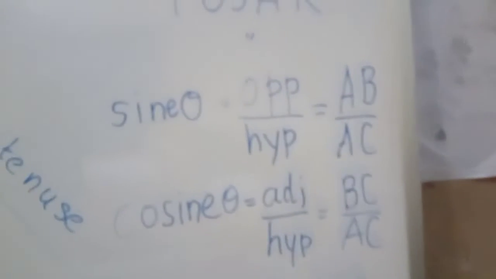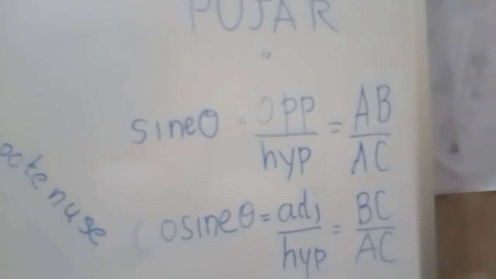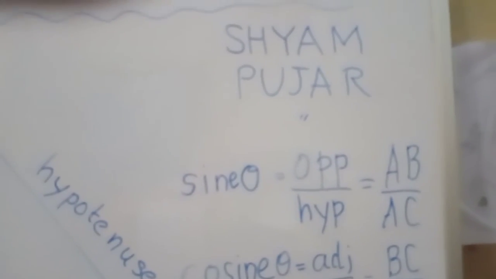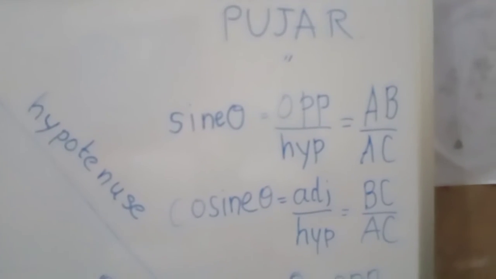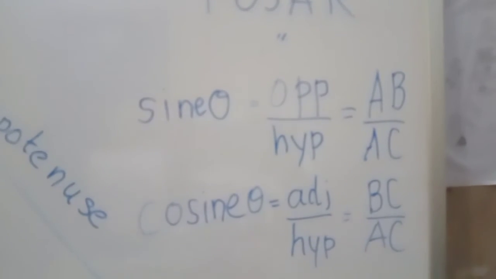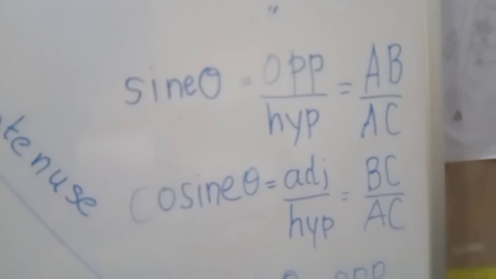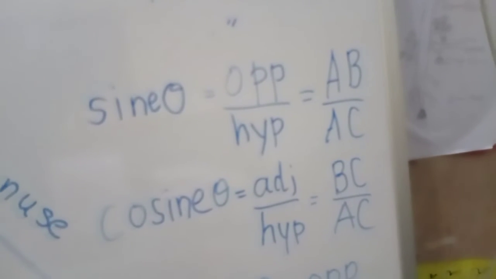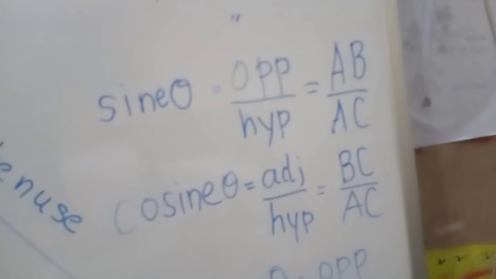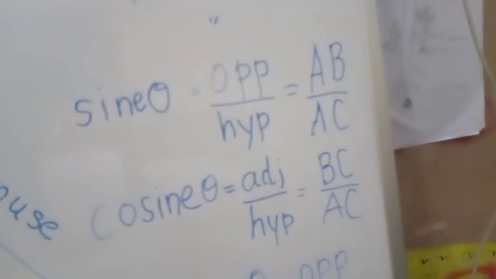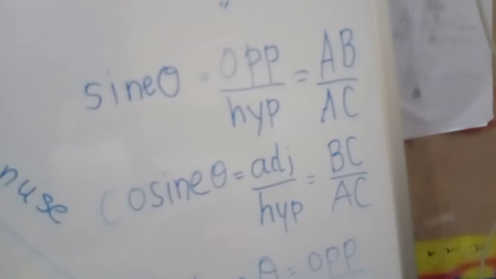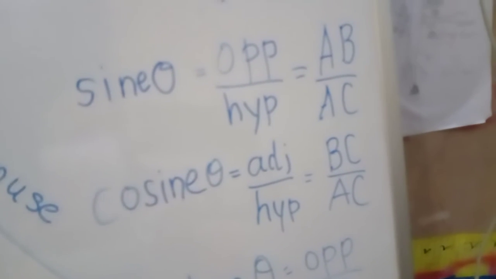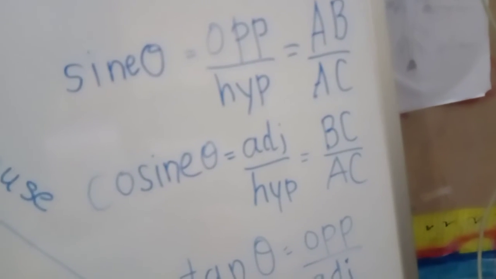So we start defining the ratios. Please remember, they are just the ratios and otherwise they have no other meaning to them. Sine of angle theta is defined as the opposite side, that is the length of the opposite side AB, divided by the length of the hypotenuse AC.